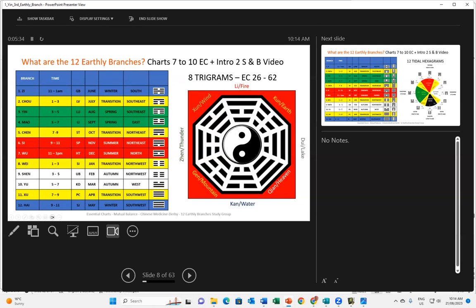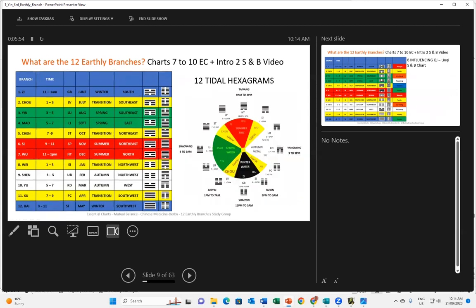Then we come to the west, which is the Dui Lake. And then finally into Heaven, which encompasses pericardium and Sanjiao. As we go through each branch, we'll study the trigram related to that particular branch, and then we'll also look at the 12 tidal hexagrams.